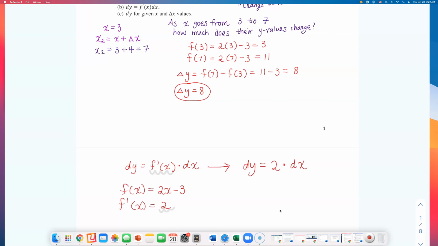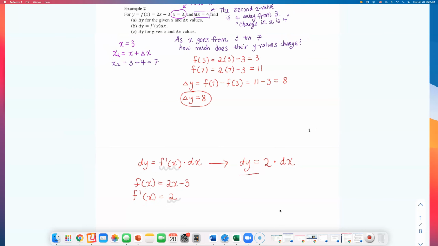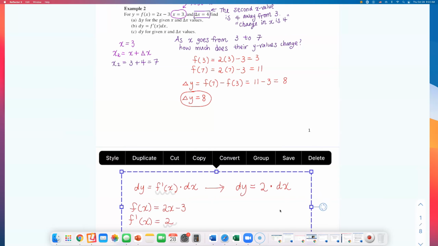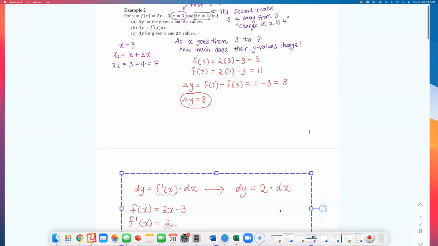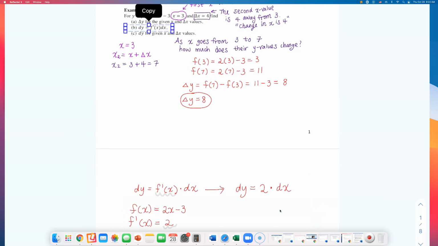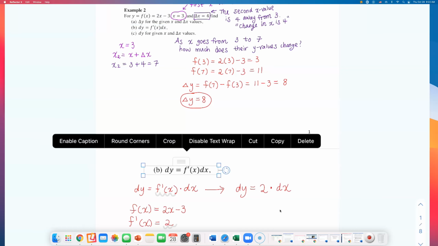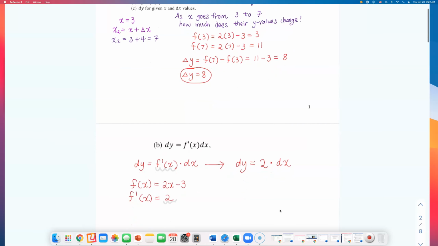So I think that's all they wanted for part B. This is the answer for part B. I have a strong feeling they're going to ask us to use this to find dy. We already found the change in y, which was 8, right? But if we use this formula, we should get something very similar.